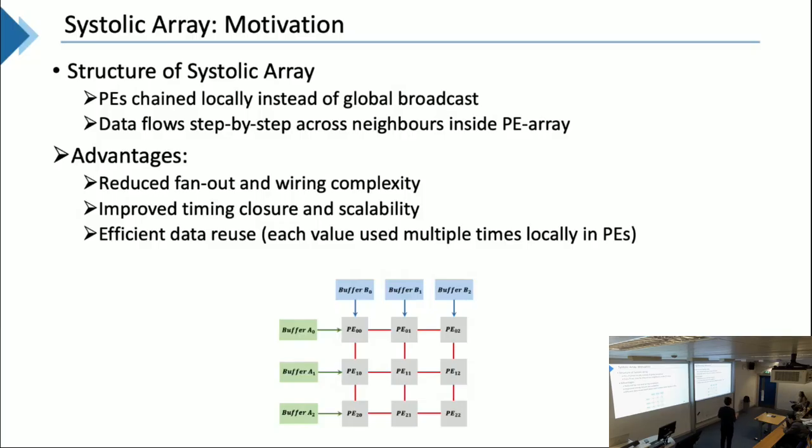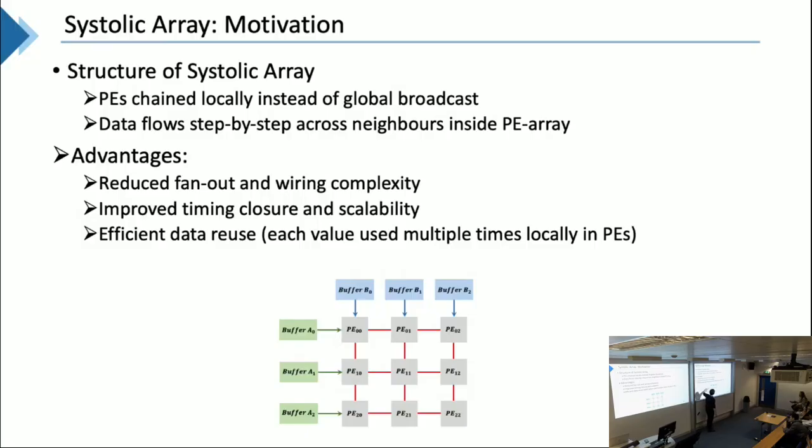The key idea here is, instead of connecting each PE to the buffers, we just connect the PEs among each other. For example, we form this 3x3 PE as a 3x3 2D array, and we only feed the data at the edge of this 2D array.